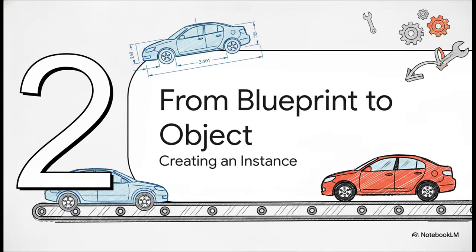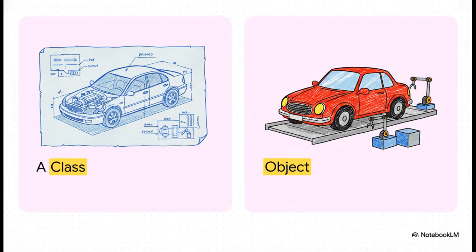Okay, so we've got our blueprint. Now for the fun part. It's time to fire up that assembly line and actually build something tangible from that plan. And this right here, this is the key distinction you need to remember. If the class is the blueprint, then an object is the actual car that rolls right off that assembly line.